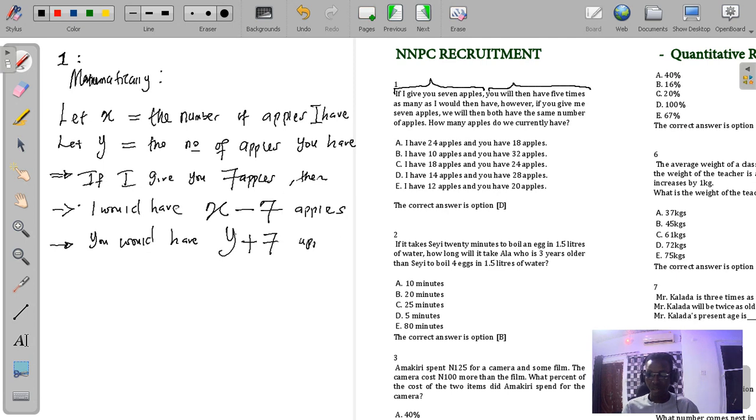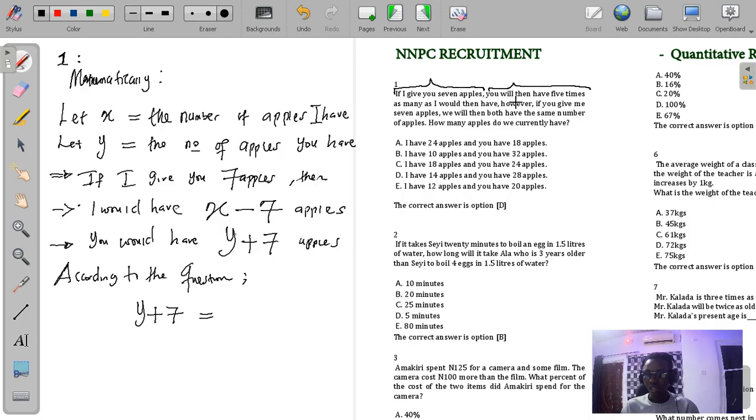So then we still need to interpret what we have as the second sentence here. All right. So according to the question, y plus 7, that is the number of apples that you have presently, is equals to what?